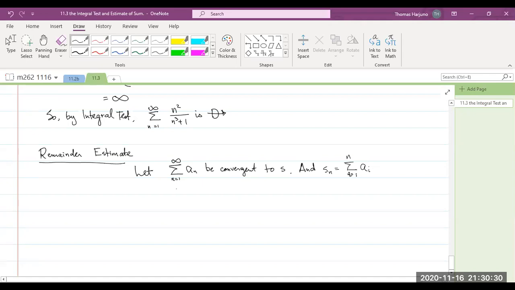So you see the following. The infinite sum is actually the sum from 1 to n of a sub i plus the summation from n plus 1 to infinity.